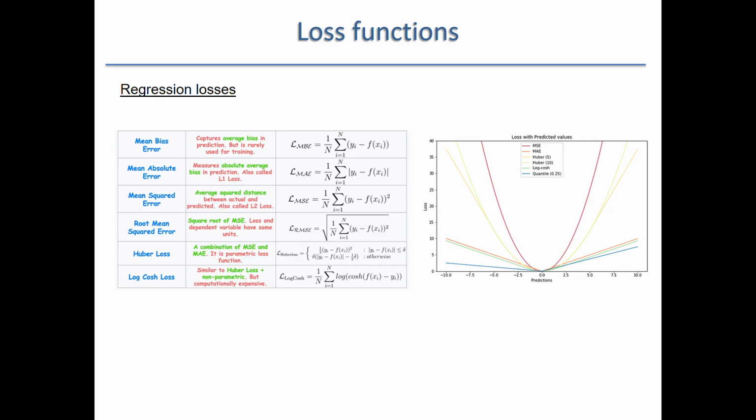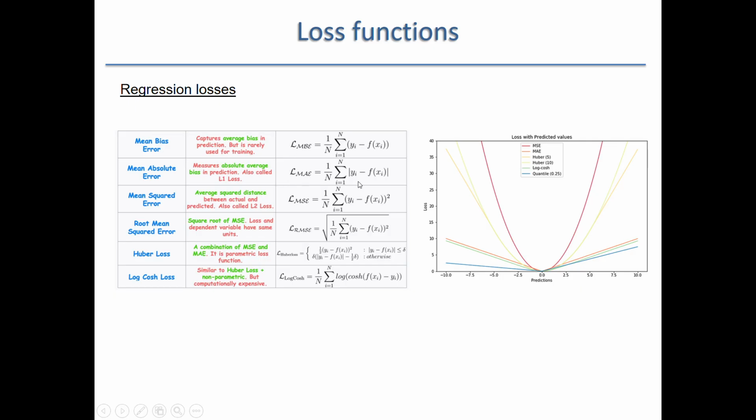In regression problems, you are trying to predict a y, an output that is a continuous number. You could have something like the mean bias error, which is just the difference between the two, and this is seldom used in training.